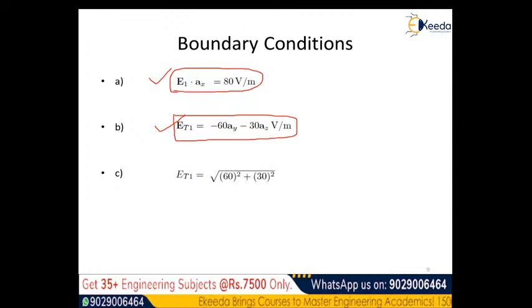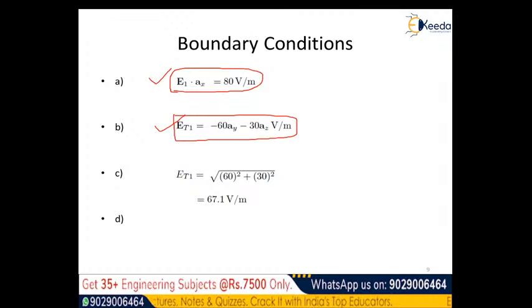So ET1 will be equal to the square root of 60 squared plus 30 squared. The value comes to be 67.1. As this is the value of electric field intensity, it has to be always measured in terms of volts per meter here.